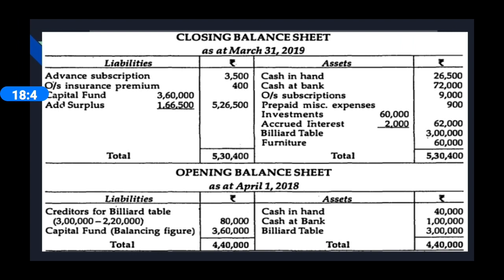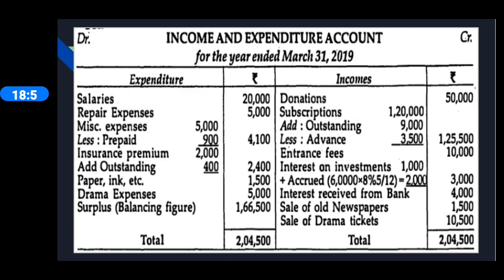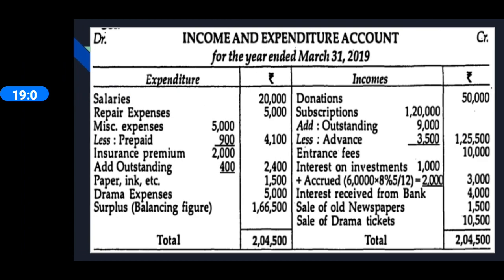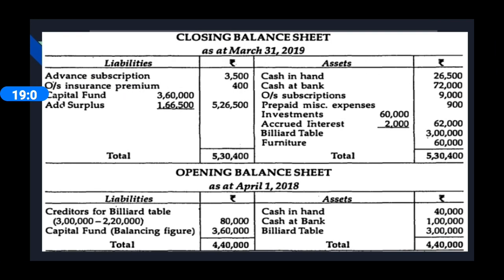So now we have to take the opening cash in hand from the receipt and payment, opening cash in hand and cash at bank. If it was given, it was taken to the balance sheet: 26,500, cash at bank 72,000, outstanding subscription 9,000, prepaid miscellaneous expenses 900, investment 60,000, accrued interest 2,000.